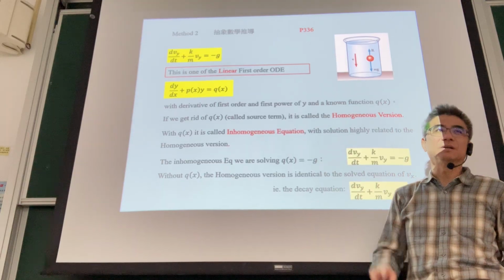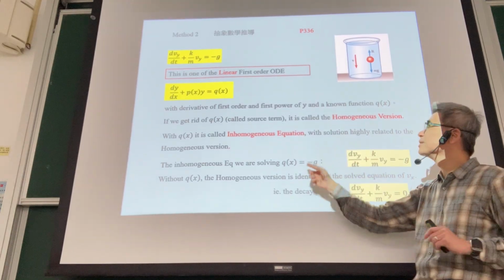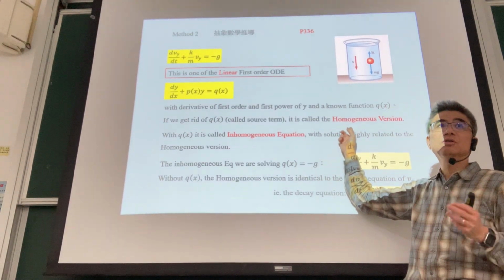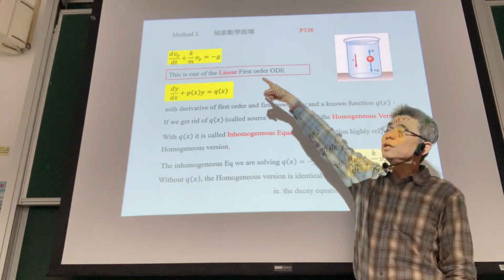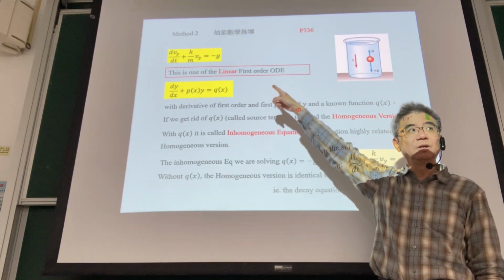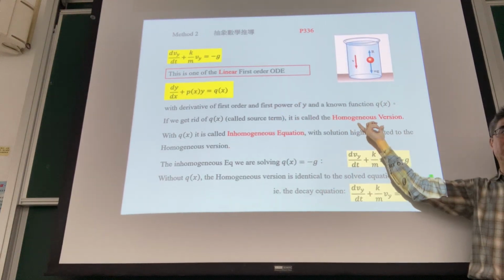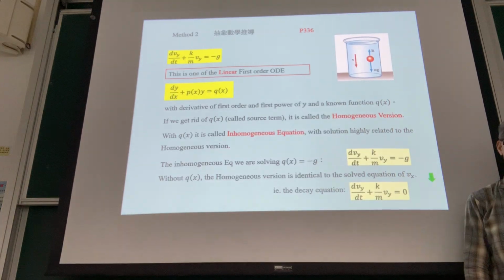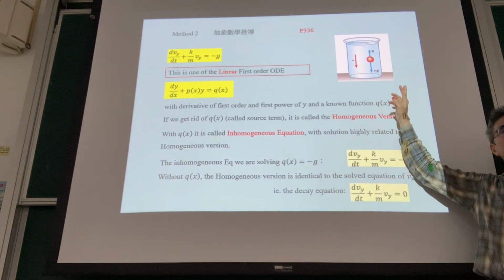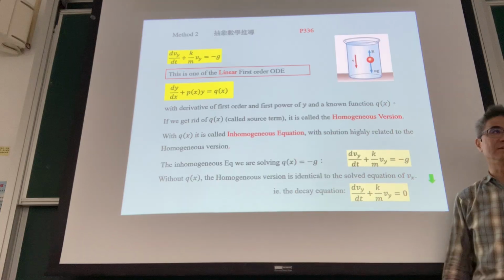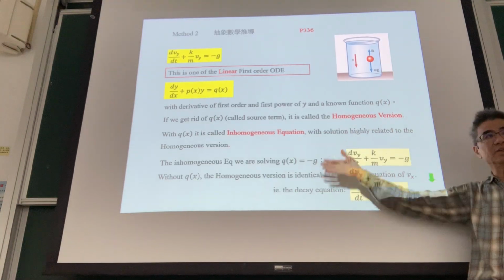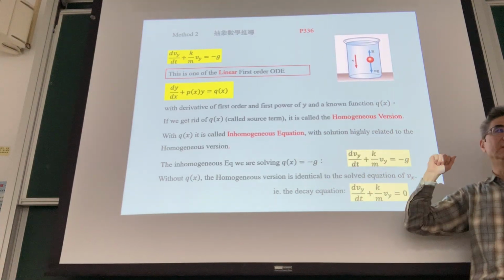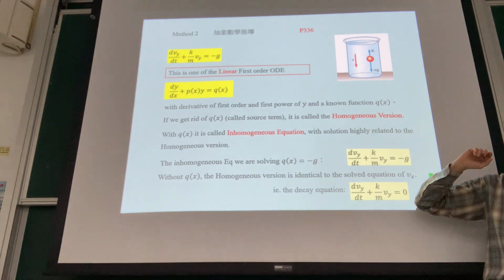So next week, the keyword, inhomogeneous and homogeneous. I will show you that the solution of an inhomogeneous equation depends hugely on homogeneous equation. They are quite related to each other. Okay, and this result is even more important than the integrating factor.